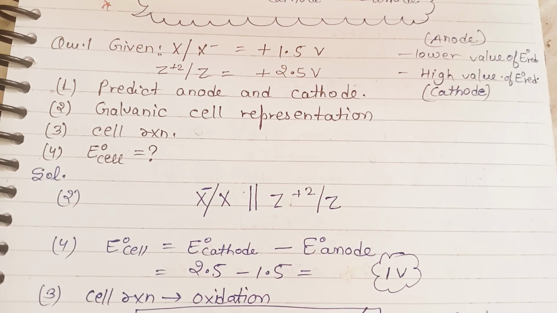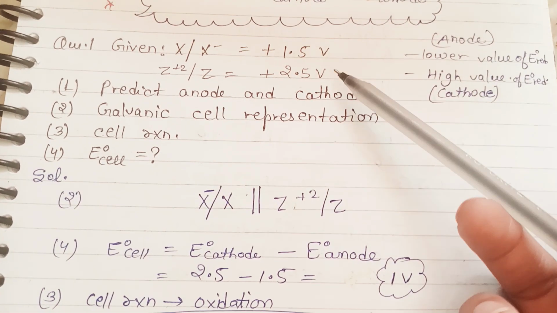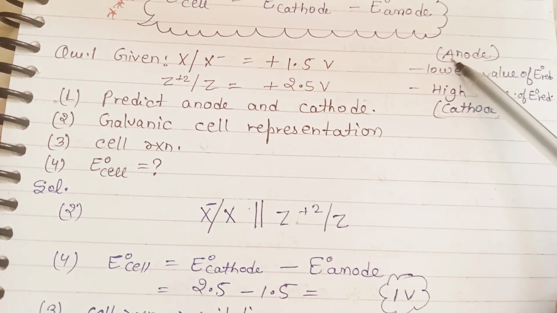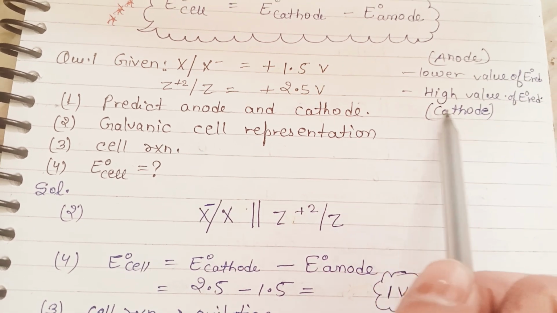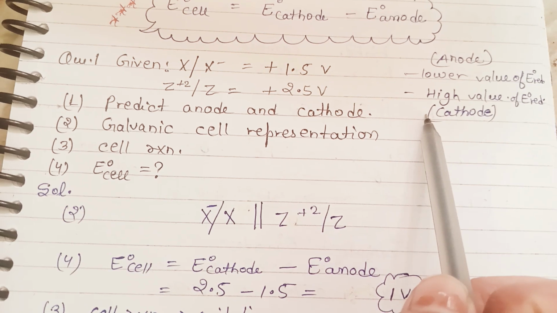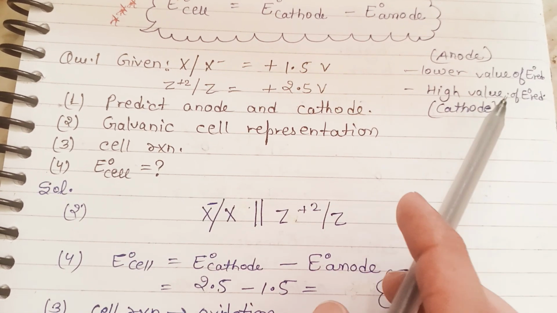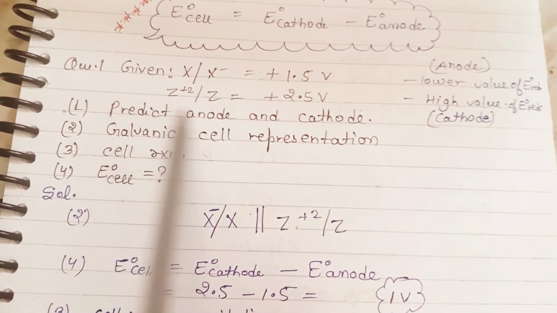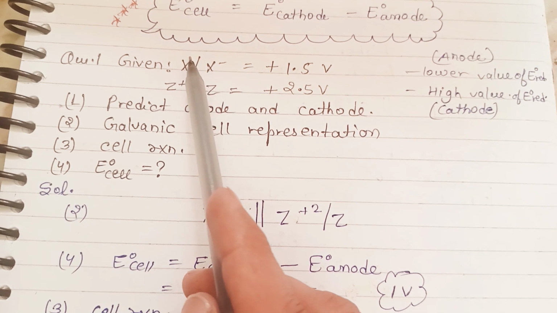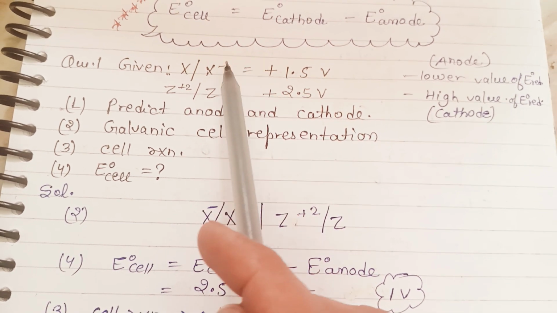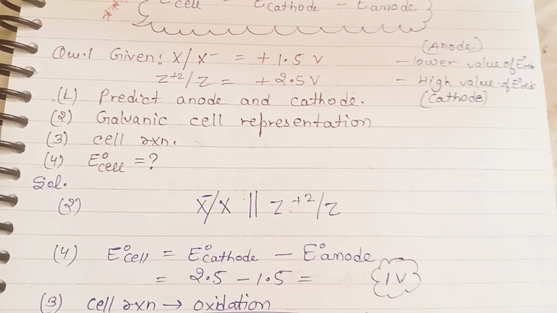So how do we find anode and cathode? Anode has the lower value of E reduction and the higher value of E reduction is cathode. These are reduction potentials, because the oxidation state goes from 0 to -1, so the oxidation state decreases, so this is a reduction potential.